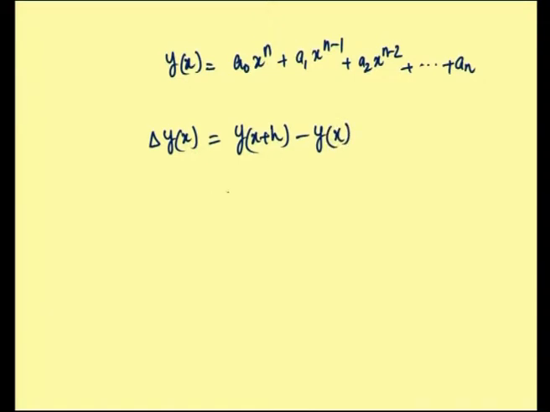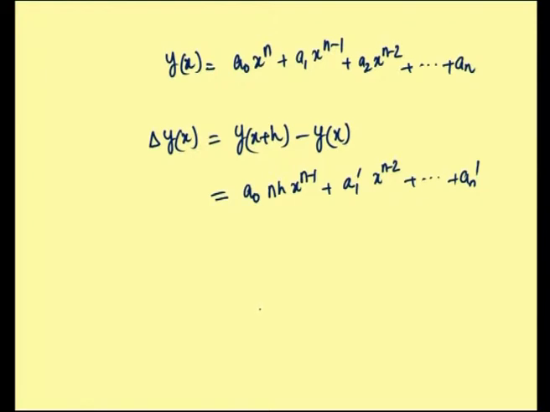And y of x plus h is written as a naught (x plus h) whole power n plus a1 (x plus h) whole power n minus 1 plus a2 (x plus h) whole power n minus 2, that is subtracted with y of x, and then we have the result as a naught n h x power n minus 1 plus a1 dash, it is another coefficient, x power n minus 2 plus etc. plus a n dash, it is another constant.